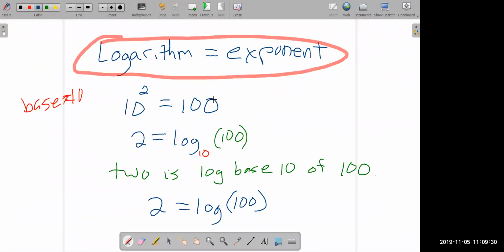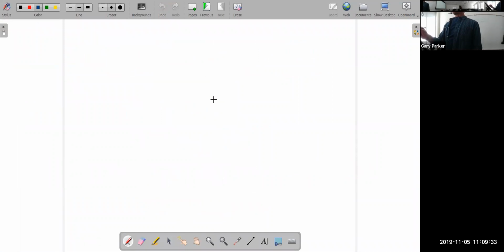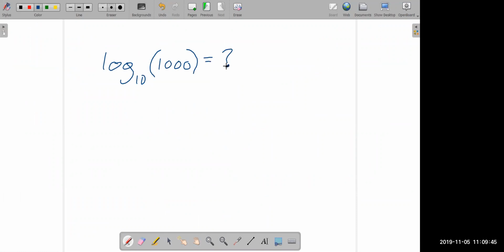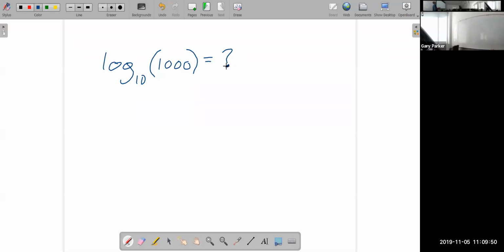So let's try another one. Let's take log base 10 of 1,000 equals what? I'm going to put a question mark there. So write that down like that. So first thing I want to know is what's the base here? 10. 10 is the base, right?